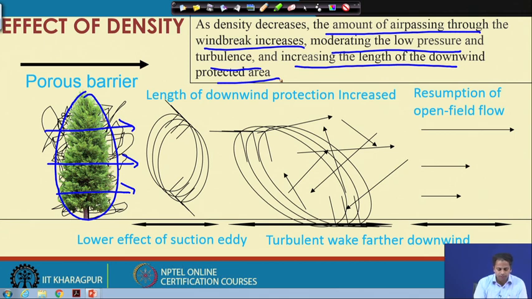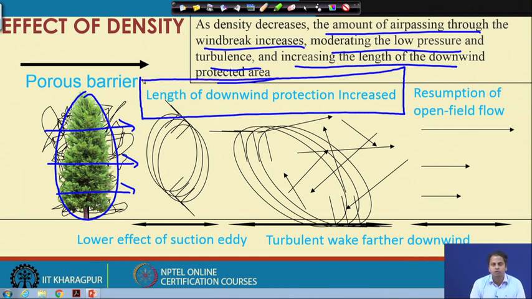So, what we can see here is that because of this porous media, the length of downwind protection can be increased. Here the turbulent wake is further downward as compared to the solid barrier, and resumption to the open field flow condition is shifted farthest away.